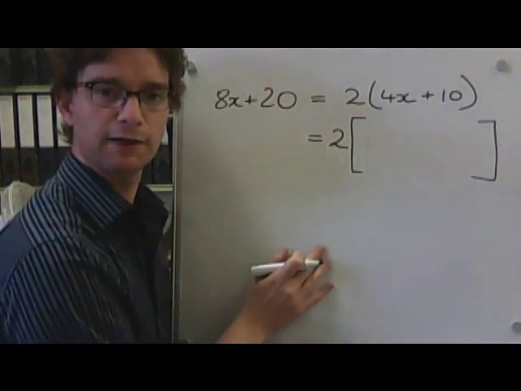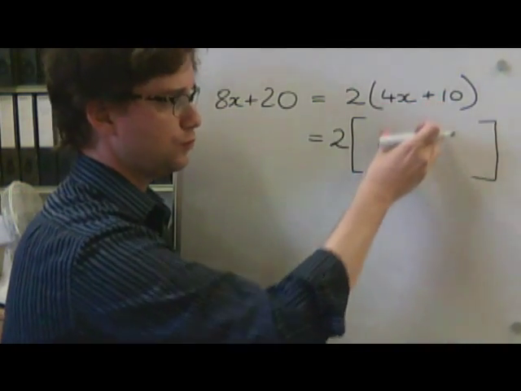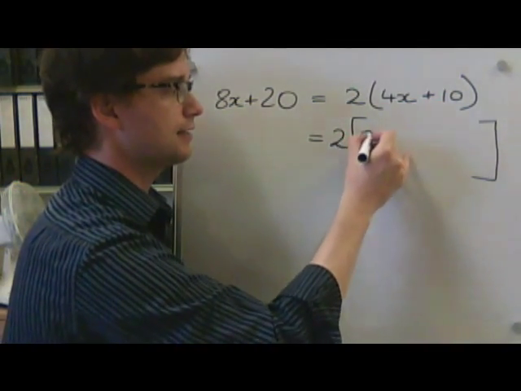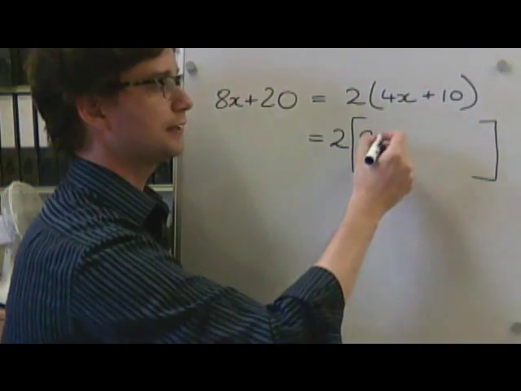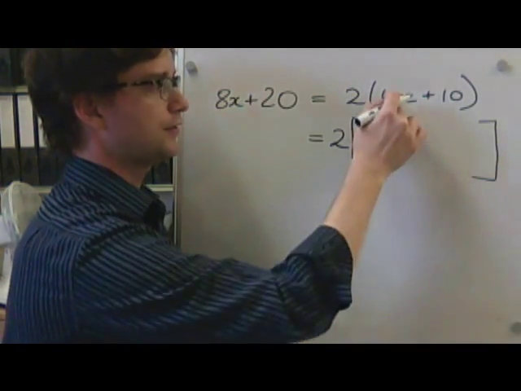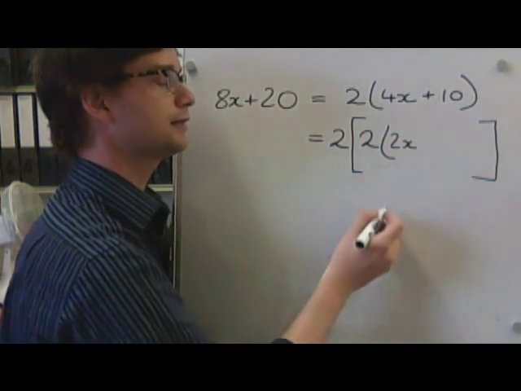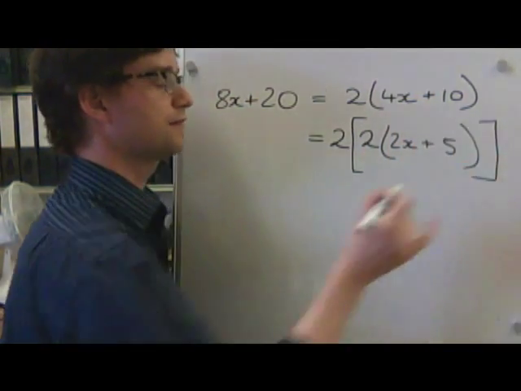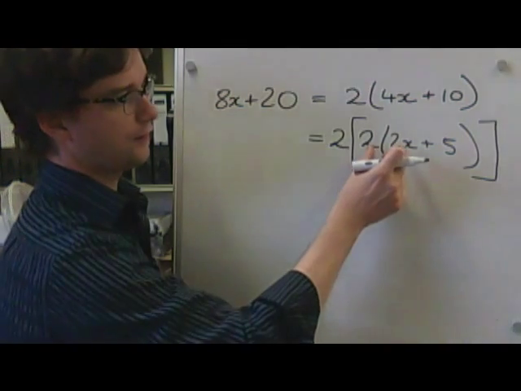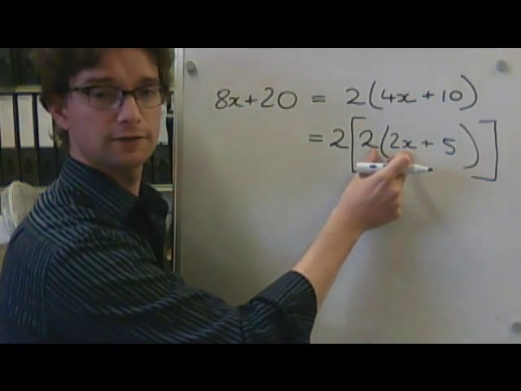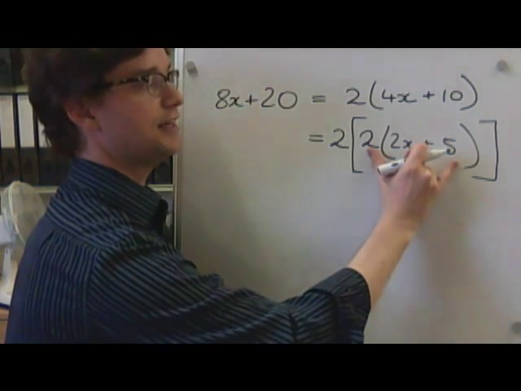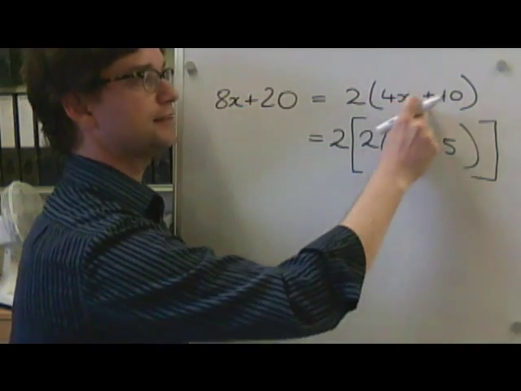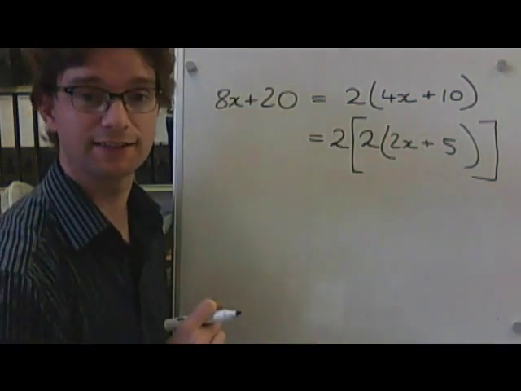I put a big bracket around this, so I'm going to do 2 times whatever I get here, because I think I can get another 2 out. So I think 2 times 2x, and 2 times 5. So I think this is 4x, and 2 times 5 is 10. So I've now taken this 4x plus 10 and I've factorised that.